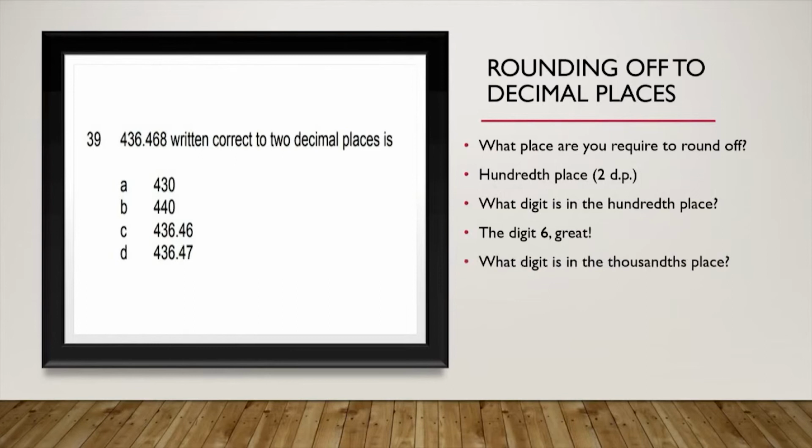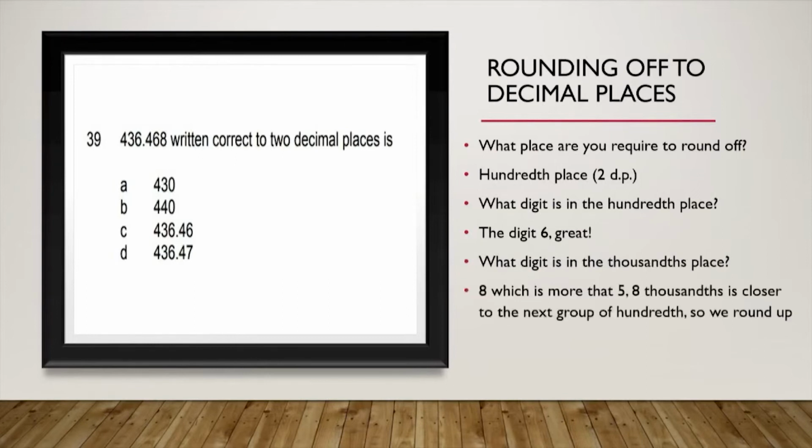Then we look to the thousandths place, and the digit in the thousandths place is 8. 8 is more than 5, 8 thousandths is closer to one group of hundredths. So we round up by adding 1 to the 6, and our answer becomes 436 and 47 hundredths. And that is to the second decimal place. And that will be option D.